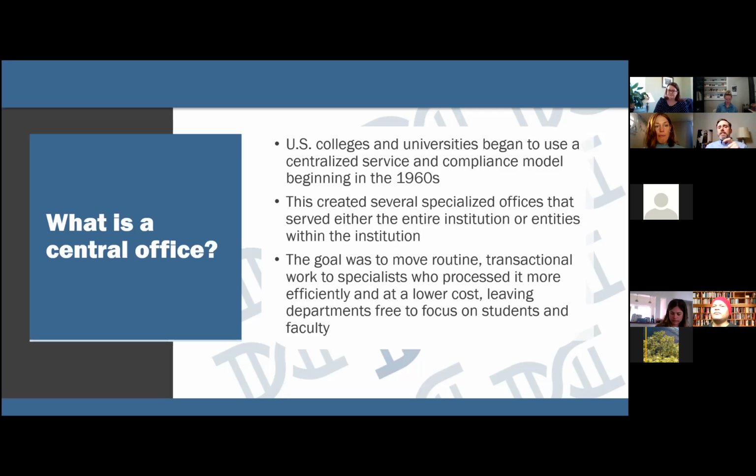And the idea is that they take these routine transactional activities like submitting a grant application or managing the accounting for grants and contracts, anything that's repeatable that happens a lot. You get the specialized knowledge in a central office who can make it more efficient. They can lower costs for the institution, right?